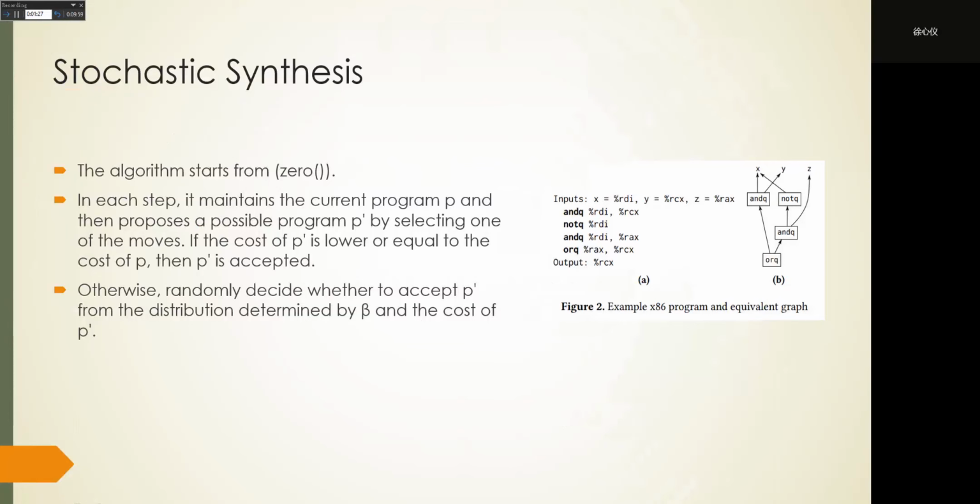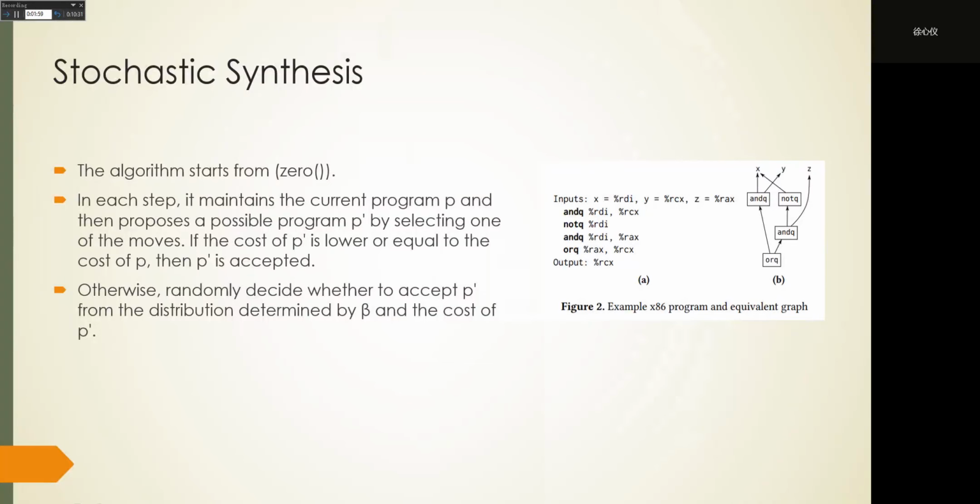So if the generated program has a lower cost, then we will accept the generated program and discard the original program P, keep P plus in memory and report P plus at the end of the search.